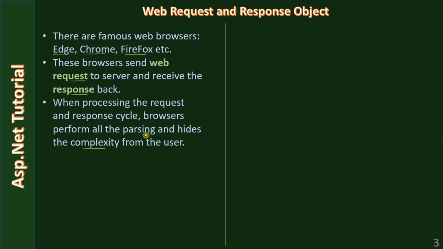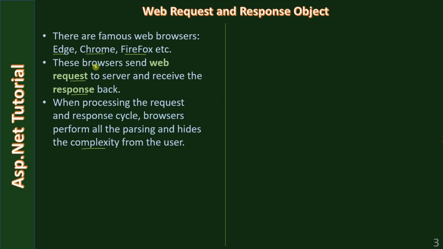So all the parsing is done by the web browser. Whoever is writing the web browser, whether it is Microsoft Edge or Google's Chrome, will follow certain standards, and based on that they will form the request and parse the request as well as response messages.